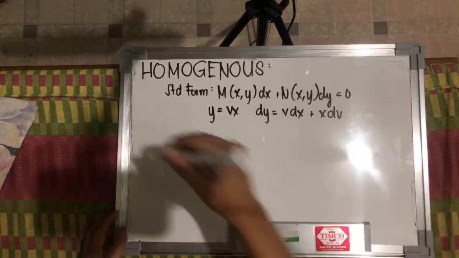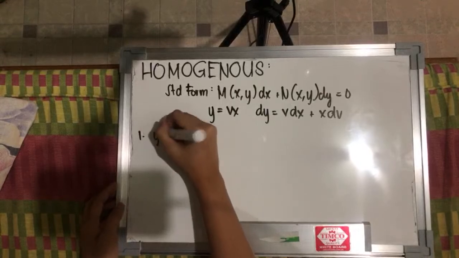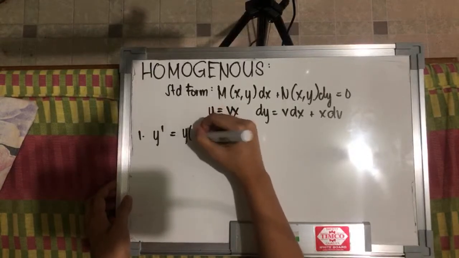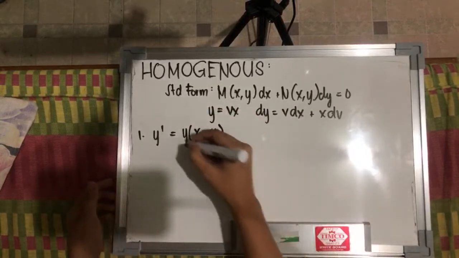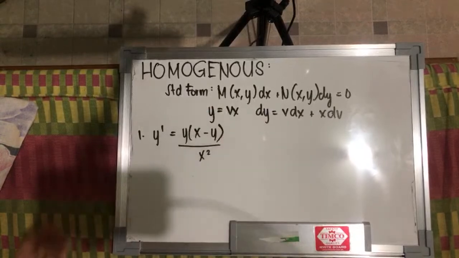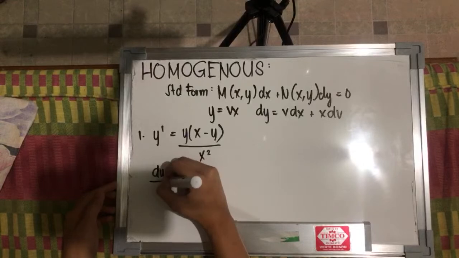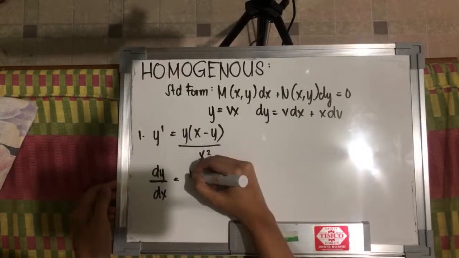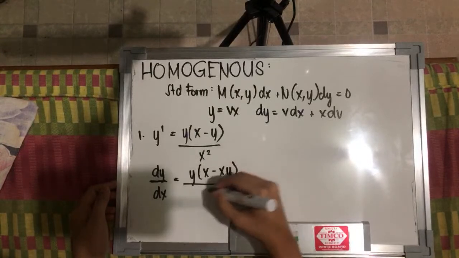So, example number 1. Y prime is equal to y times x minus y over x squared. So, magiging dy over dx is equal to y times x minus y over x squared.